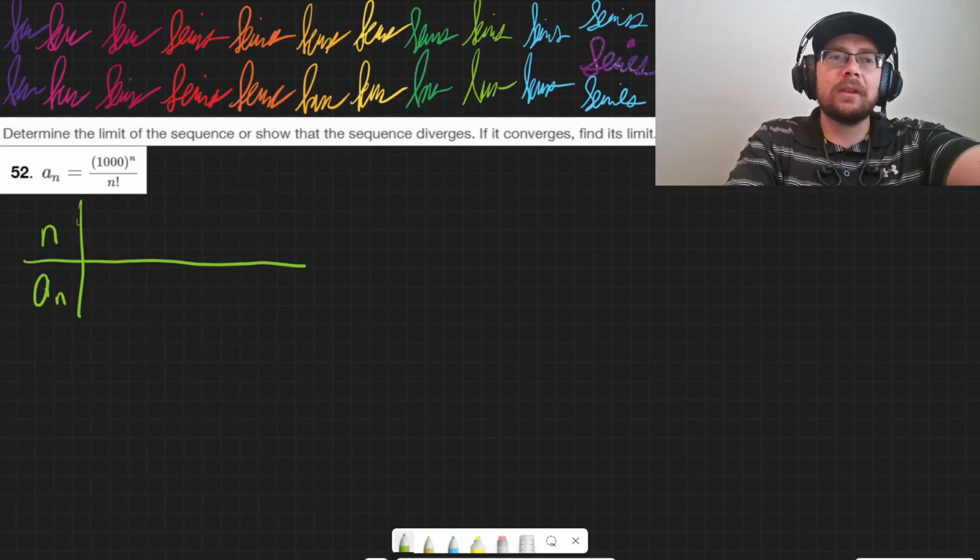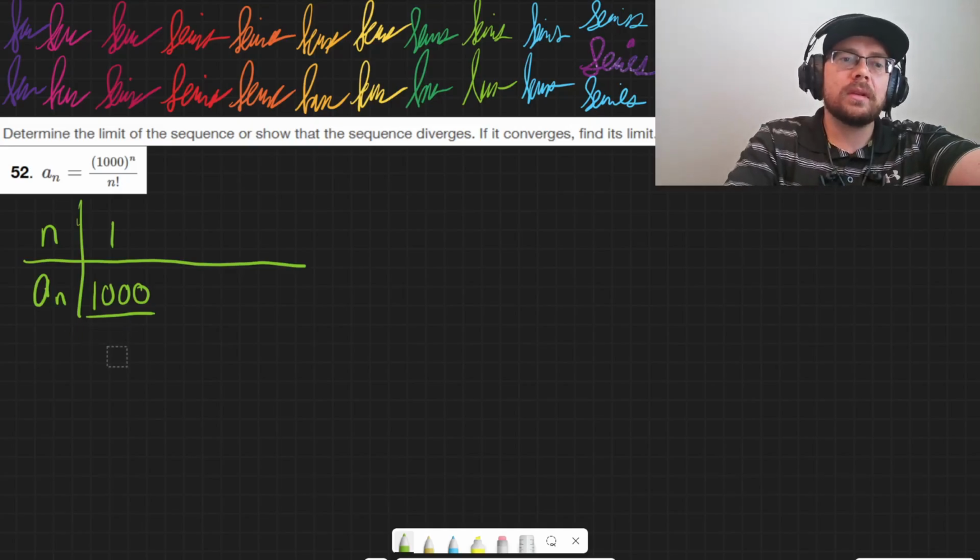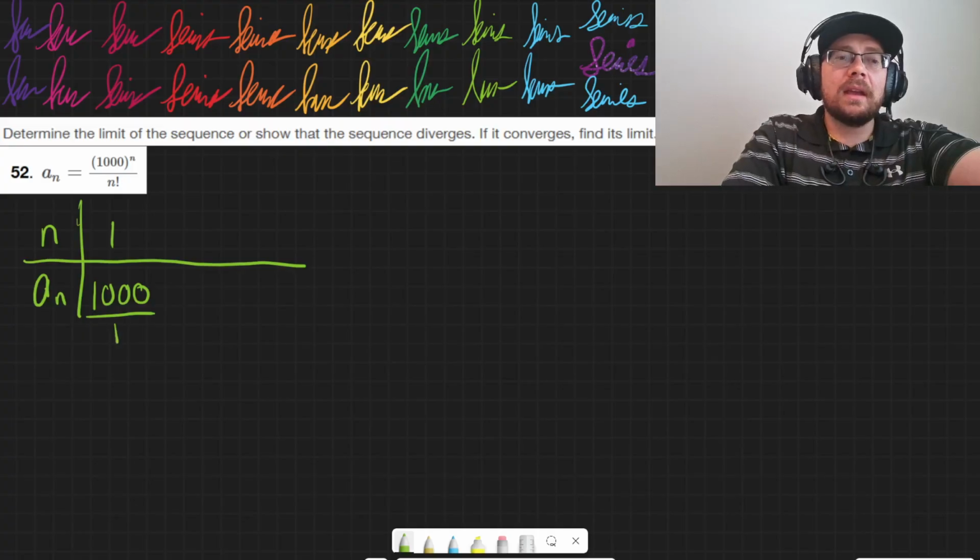It really would take a while for it to start to take off, because if n is 1, we would end up with 1,000 over 1,000 factorial, which actually, oh no, hold on, that would be 1 factorial. And 1 factorial would just be 1.